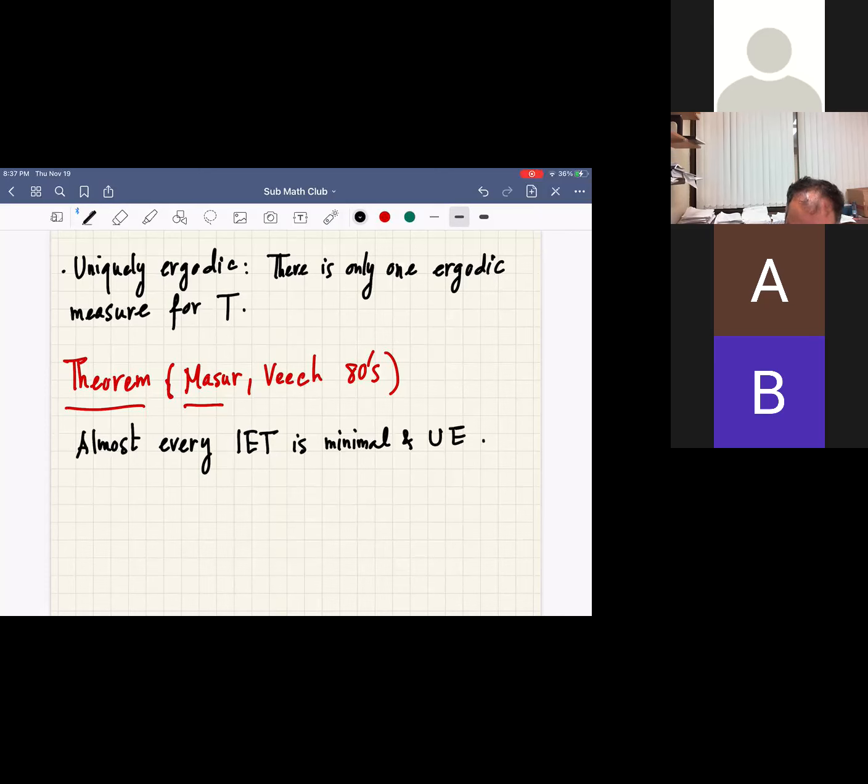Which means that, as we saw, both minimality and unique ergodicity are ways to measure the complexity of the system.